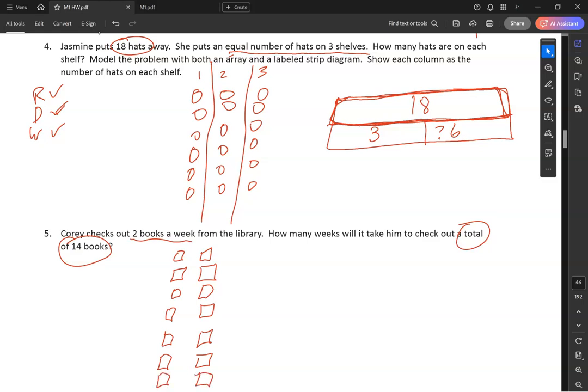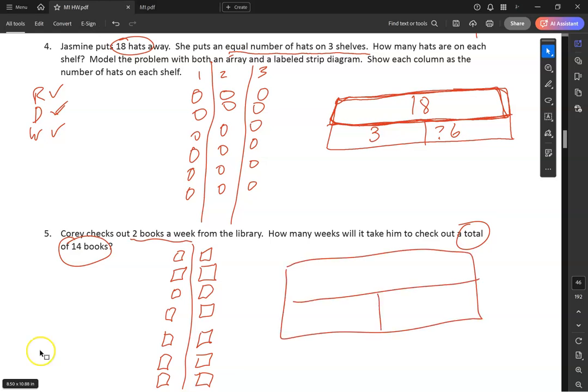Okay. So we have 2 columns of 1, 2, 3, 4, 5, 6, 7. We have 2 columns of 7. Okay. Now we have 7 in each group. So now I got my strip diagram. Okay, so now I'm going to make my strip diagram. Okay.